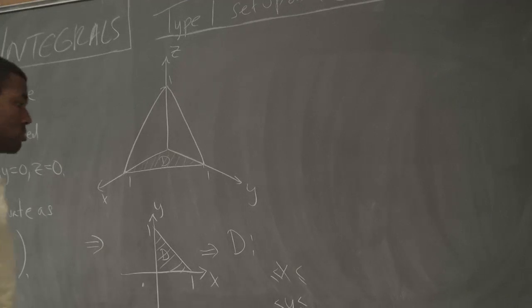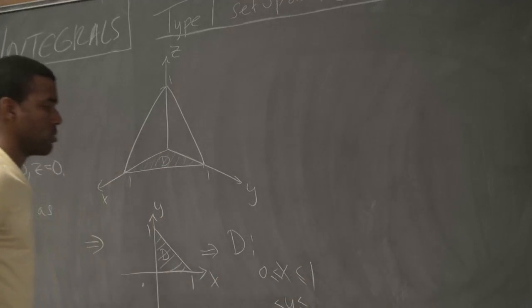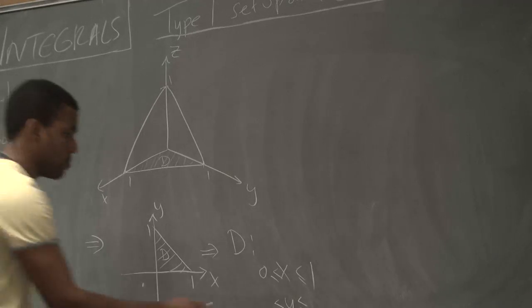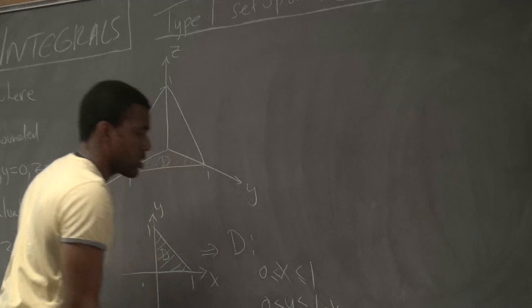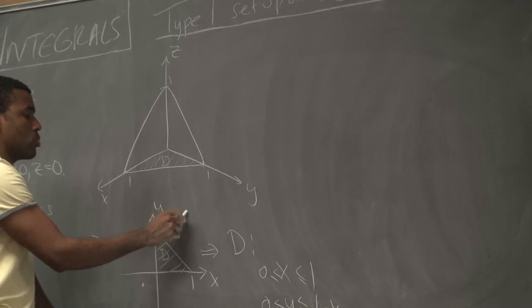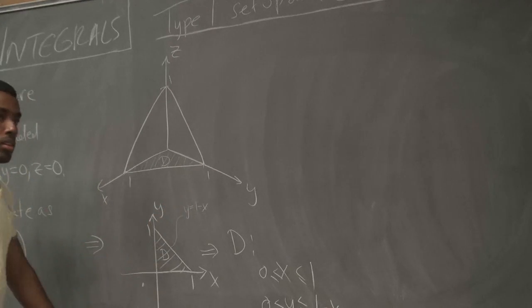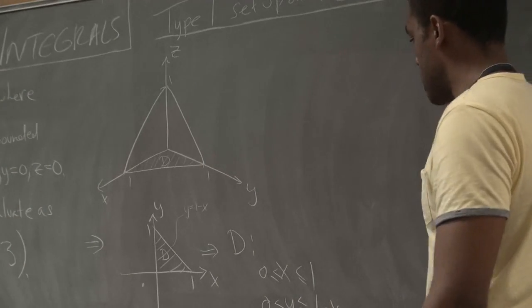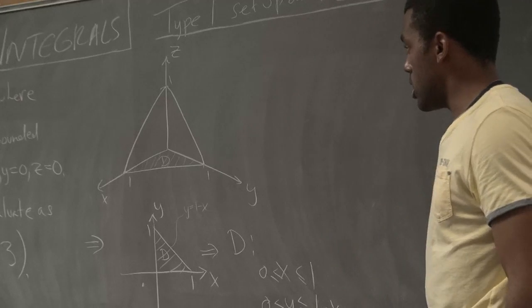I can let X go from 0 to 1. And then the Y would be what? 0 to 1 minus X, right? You find the equation of this line. This is Y equals 1 minus X. So that guy is the region D.